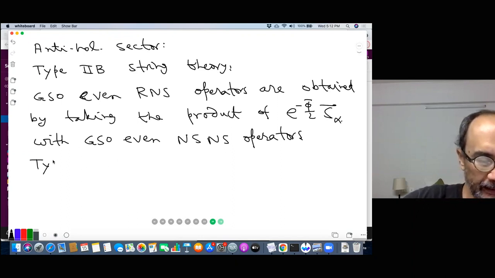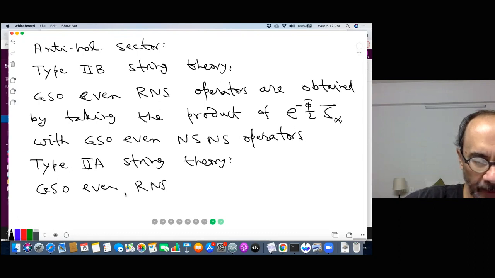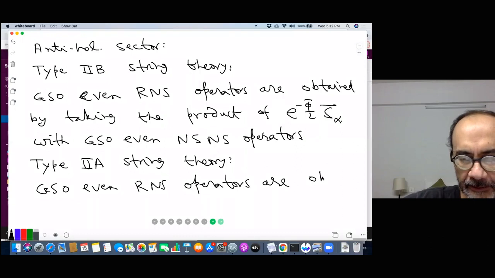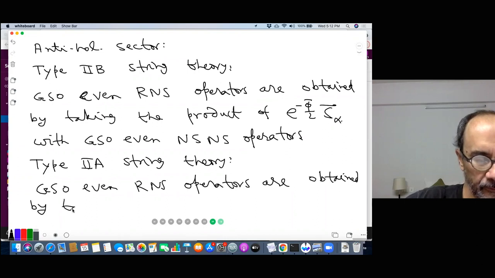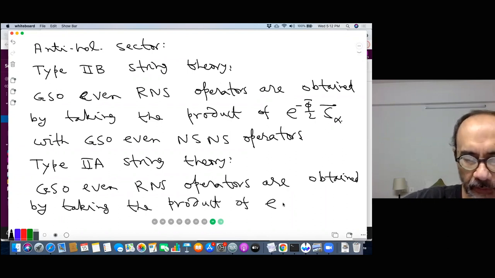In type 2A, here it's opposite. Here the GSO even RNS operators are obtained by taking the product of e to the minus phi bar by 2 S bar alpha.